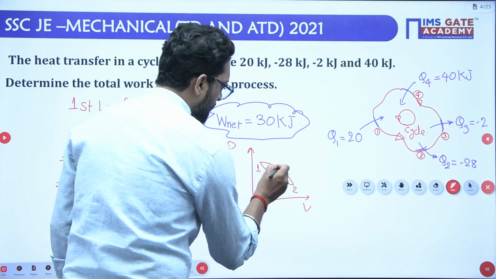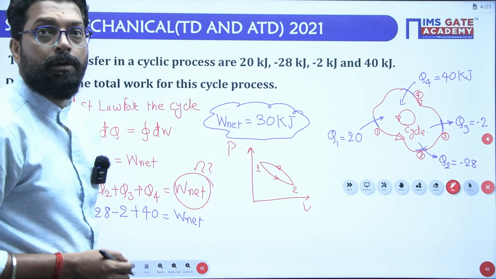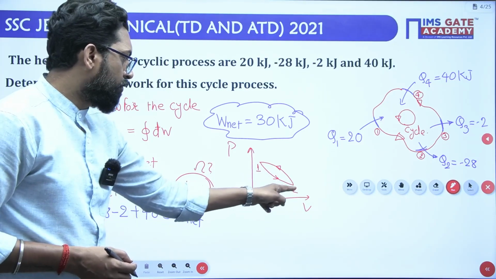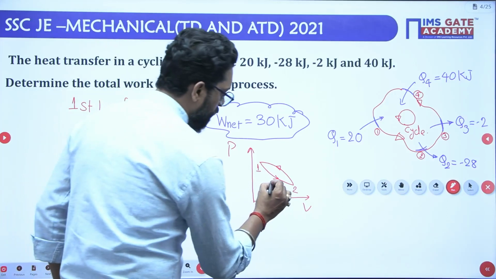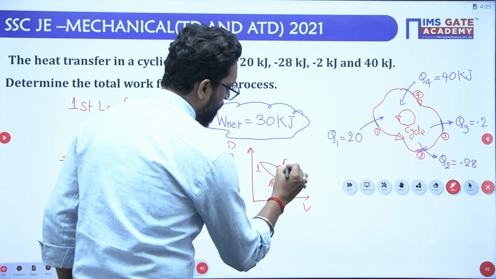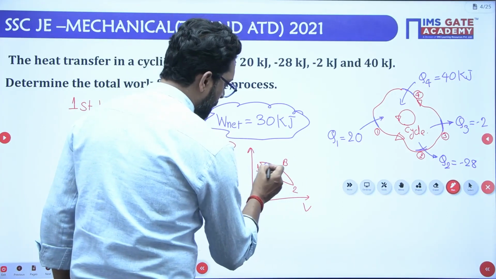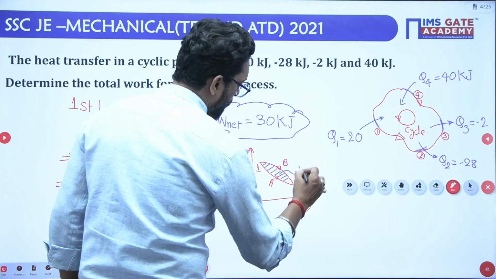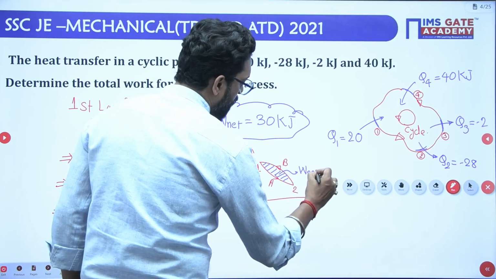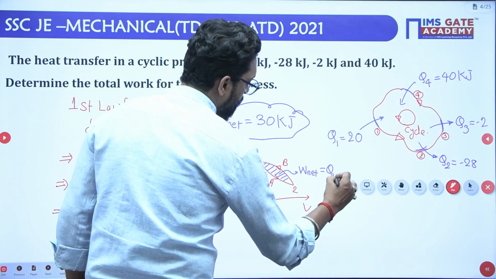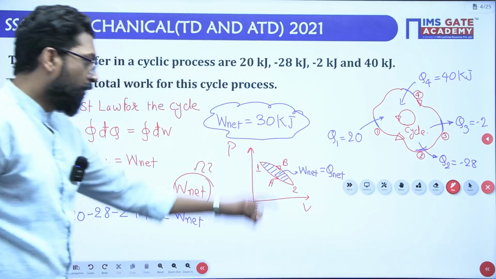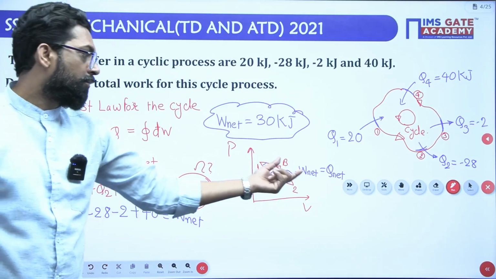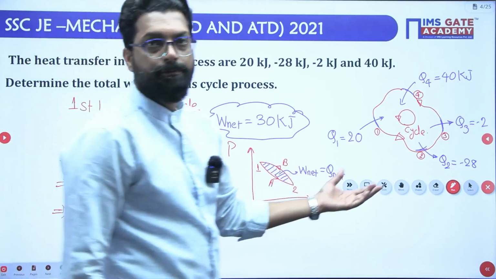So it is a cycle: 1 to 2 via path A, and 2 to 1 via path B. This is the area, and you calculate W net from this area. This W net is equal to Q net, the net heat transfer. The total net heat transfer during the cycle is equal to W net. This is called heat balance, energy balance.